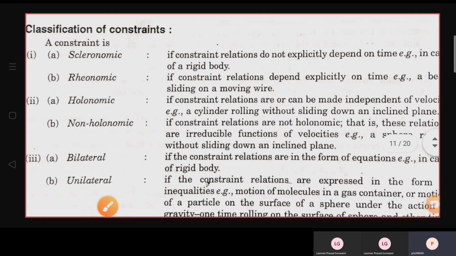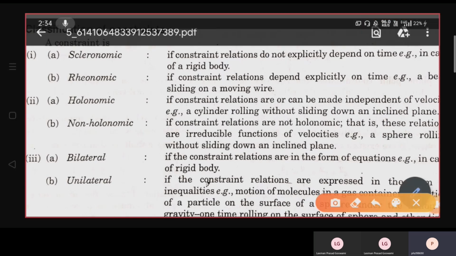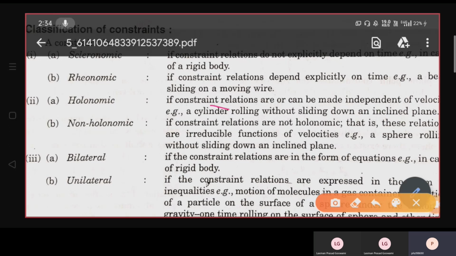Now holonomic: the constraint is holonomic when the constraint relations can be made independent of the velocities. If the constraint relations are not reducible like that, and are irreducible functions of the velocities, then it is non-holonomic.